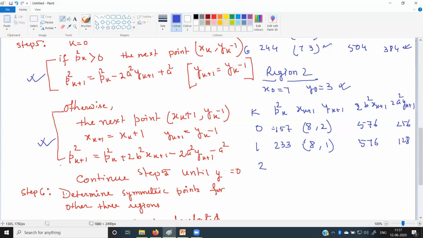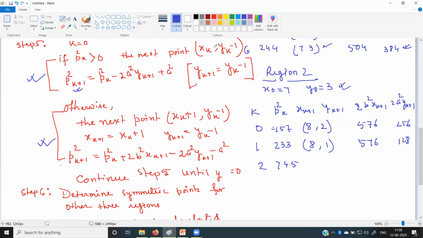In the next iteration, we have to compute the value of p of k plus 1 from the previous iteration. As it is greater than 0, it means this part, so based on this equation we compute the next one. If I put 8, 1 in this equation with the corresponding value of a, we got the value 745.